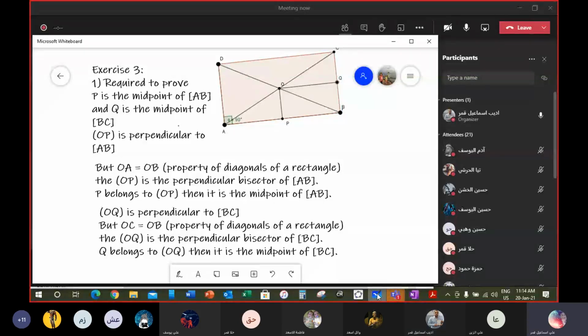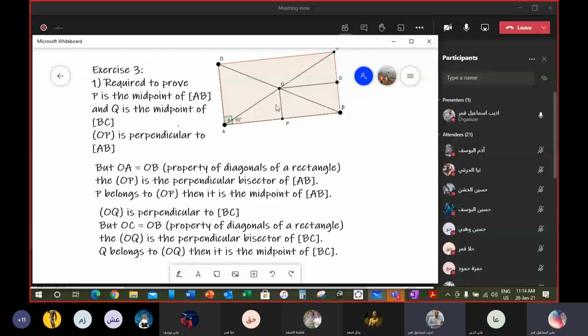Hypotenuse-leg. So in the two right triangles AOP and BOP we have OA equals OB, the hypotenuses, property of diagonals, and OP is a common side. Therefore these two right triangles are congruent by the case HL, hypotenuse-leg.